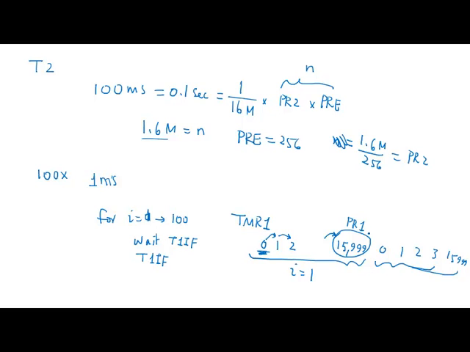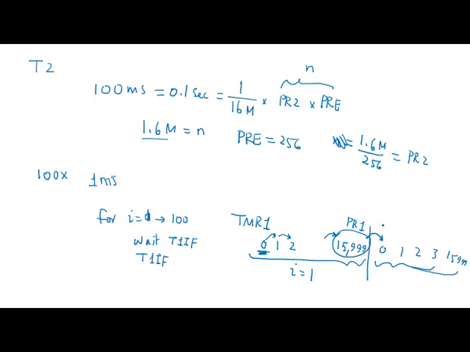So up to this point, if I finish it here, if I say as soon as my T1IF has become 0, stop it, then I've counted 15,999. But when I go to 0, then I'm also going to count an additional one. So I'm going to count 16,000 for the whole duration of PR1.